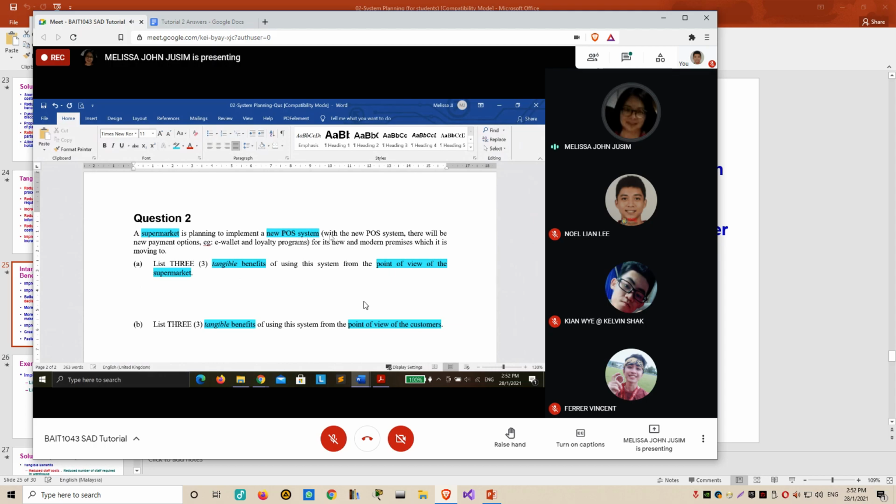This is our assumption. For your assessment, if you are given this type of scenario and you are not sure what to put in your explanation, then based on the lecturer's marking description, if I can see that your explanation is based on a logical, sensible assumption like this, a new point of sale system with loyalty program and e-wallet payment option, I will definitely accept your answer. Okay.